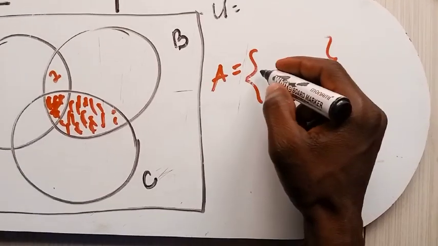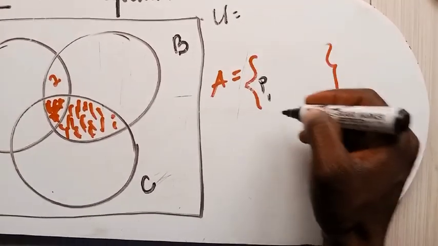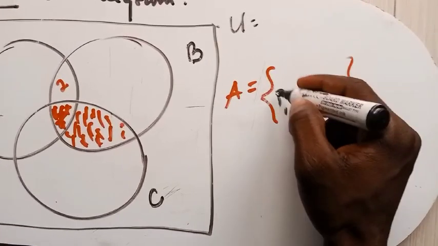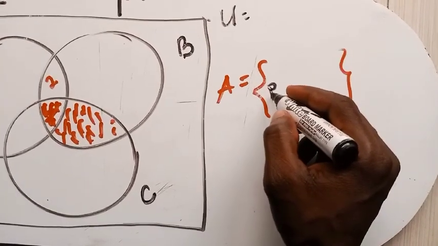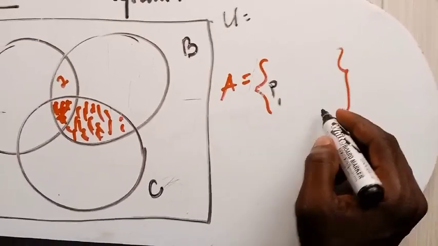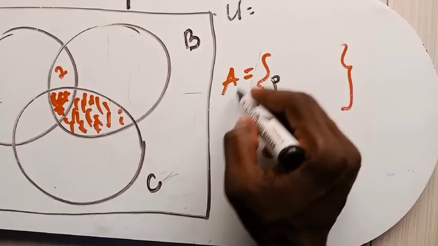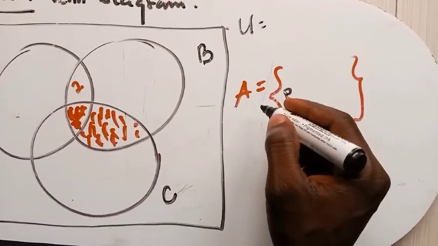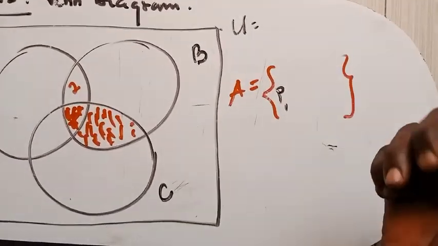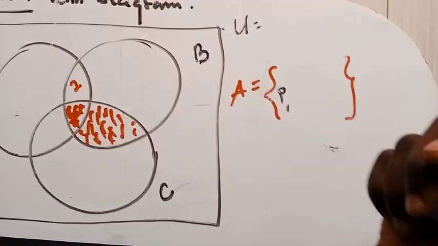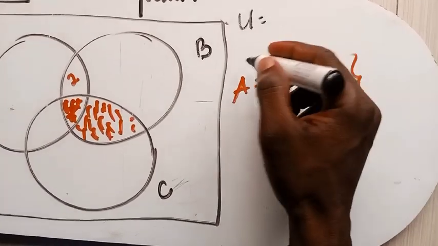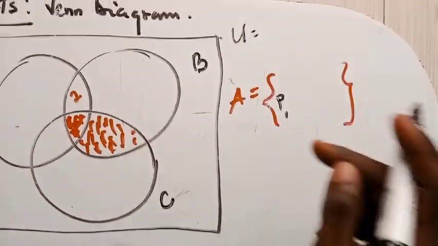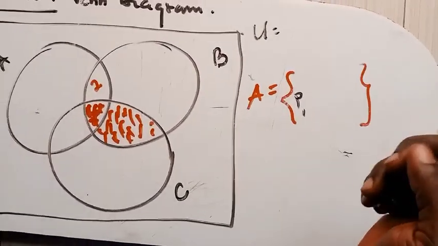Because the name of the product here is pipe, we use small letter p to represent the item inside, meaning only one item is inside the set. Remember the name of the set, because it's a box that contains something, you always use a capital letter. You cannot use a small letter to represent the name of it. This is not accepted, right? So that is the definition of a set.